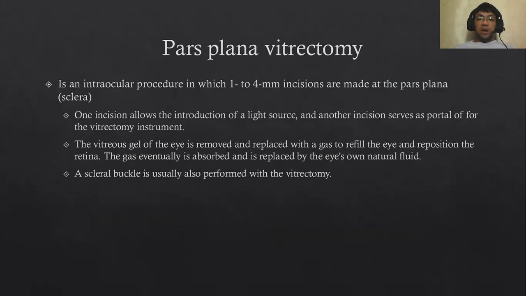The vitreous gel of the eye is removed and replaced with gas to refill the eye and reposition the retina. The gas eventually is absorbed and is replaced by the eye's own natural fluid. And usually after vitrectomy is done, a scleral buckle is also going to be performed.